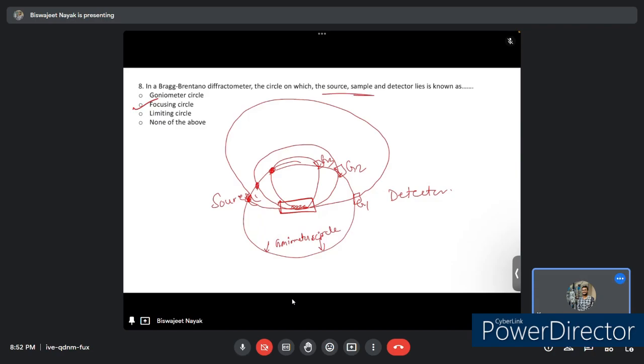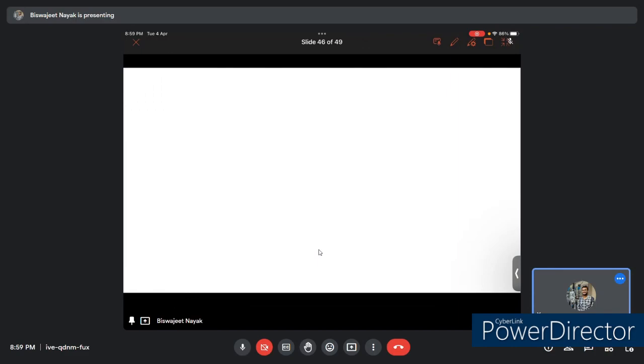So the source, sample and detector all lie on the focusing circle. The main reason for using a flat specimen is to take advantage of the focusing action described below, and increase the intensity of weak diffracted beams to a point where they can be accurately measured.